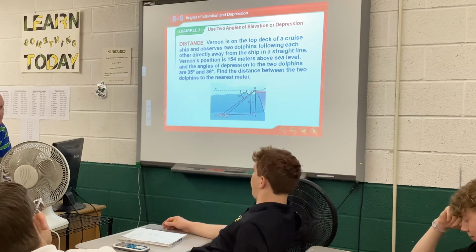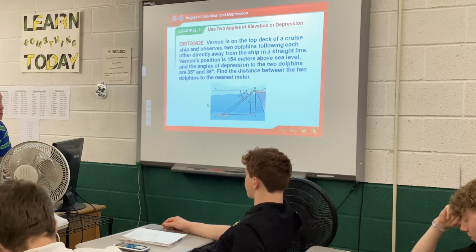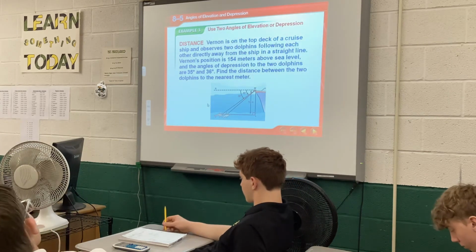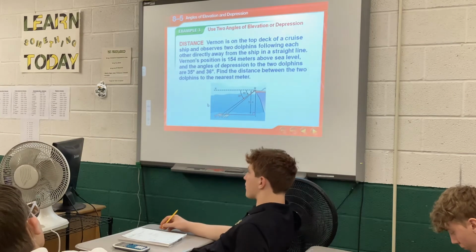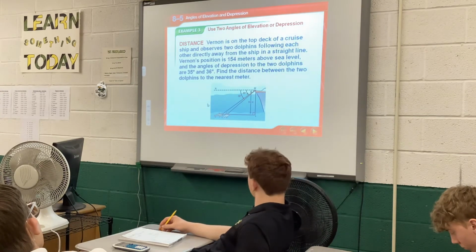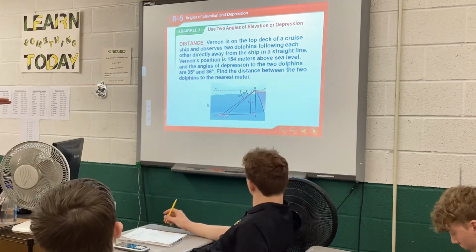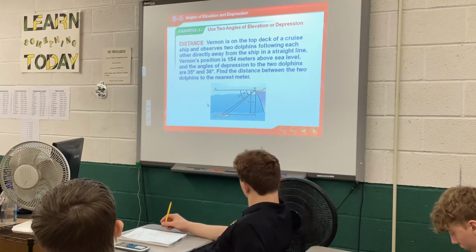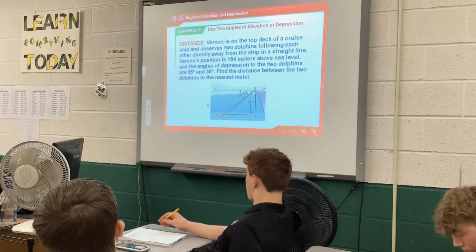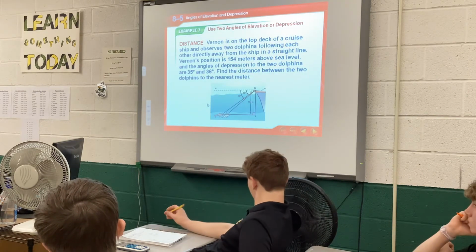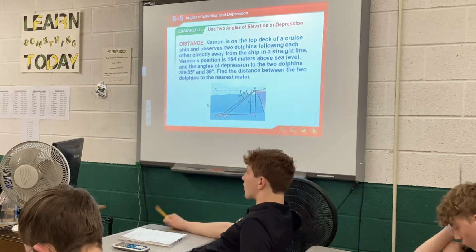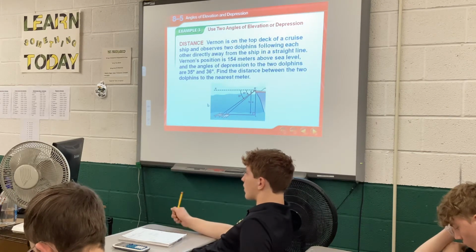So that's okay. Alright, so when you do this, my 154s are always going to be used, and then we're going to find the bottom part this time. Meaning the distance from L there to the dolphin. And then L to the second dolphin. And then you subtract those 2. Okay? You need to see all the math.